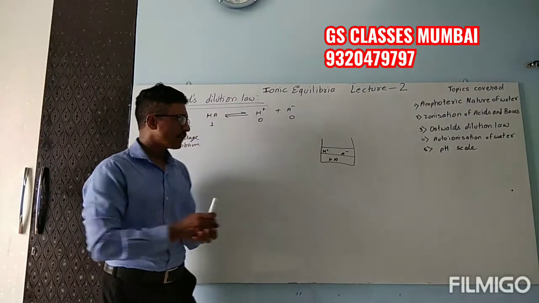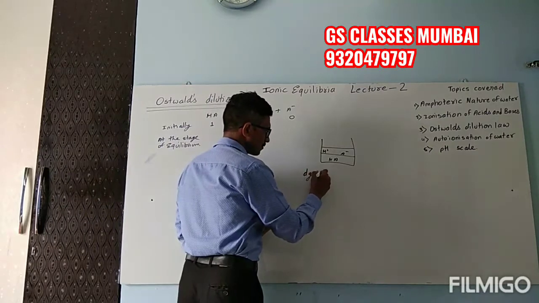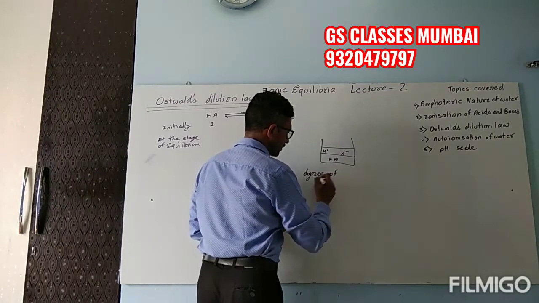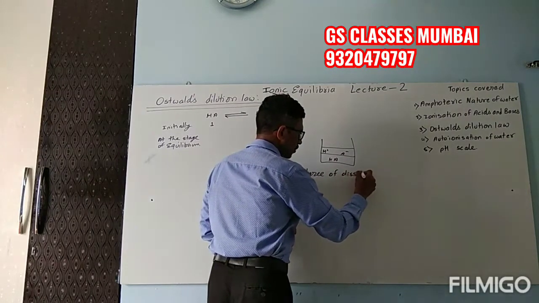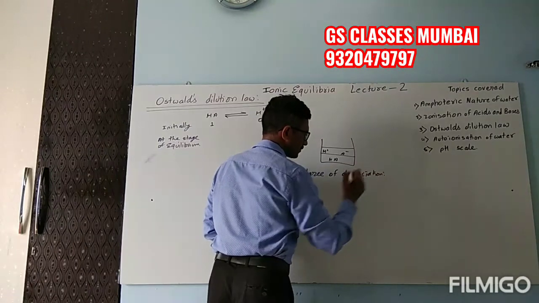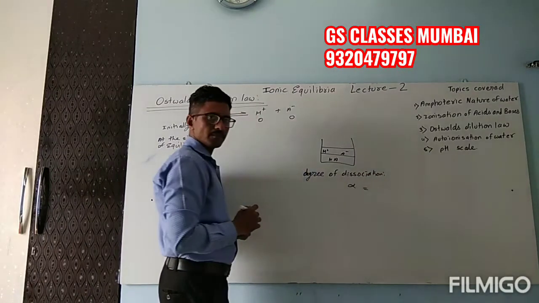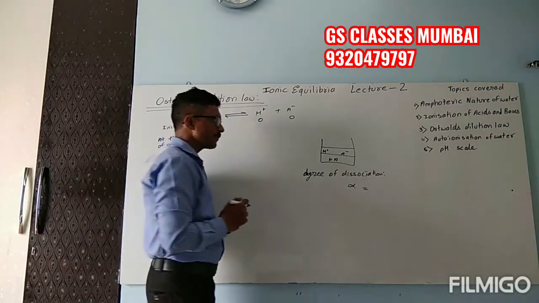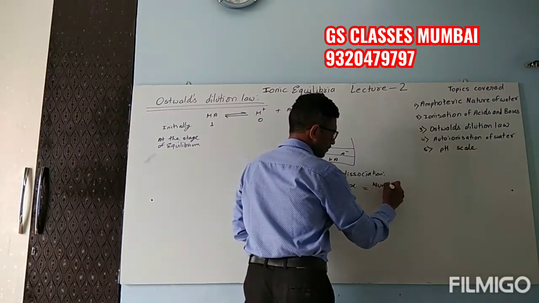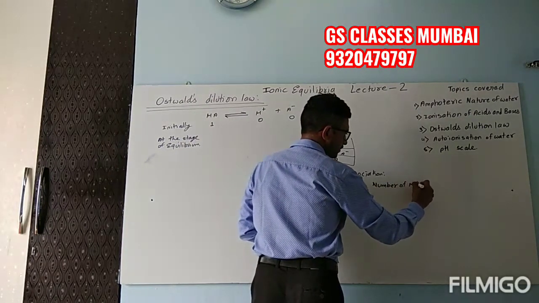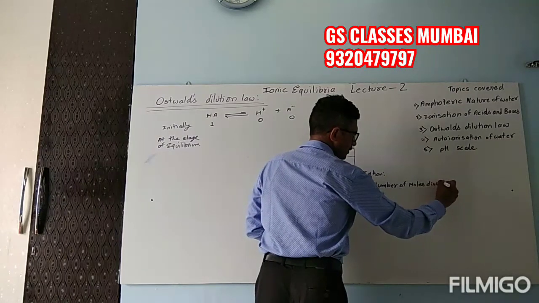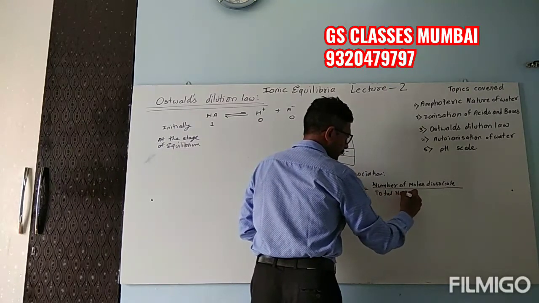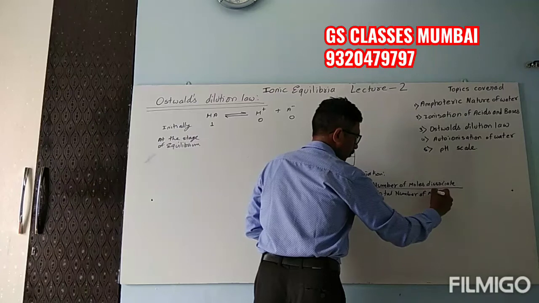Degree of dissociation, alpha, tells you the number of moles dissociated to the total number of moles.